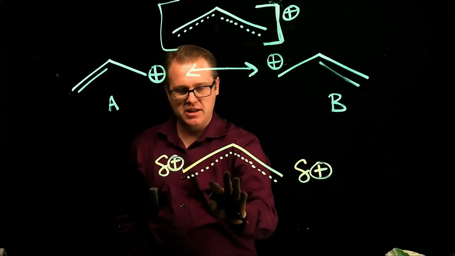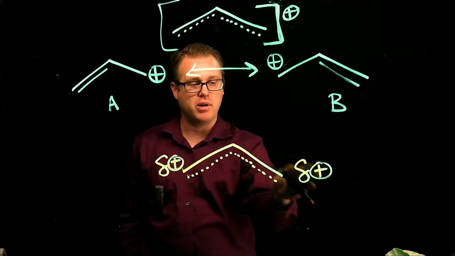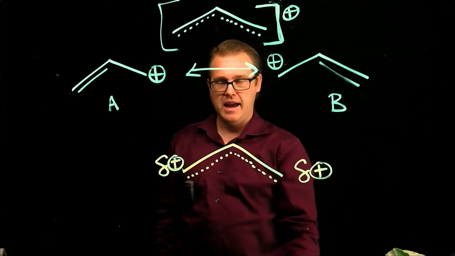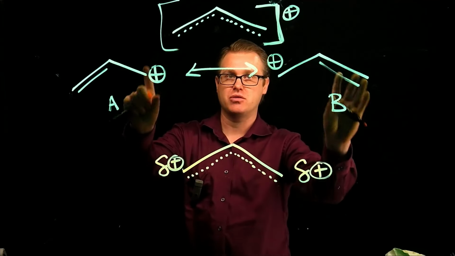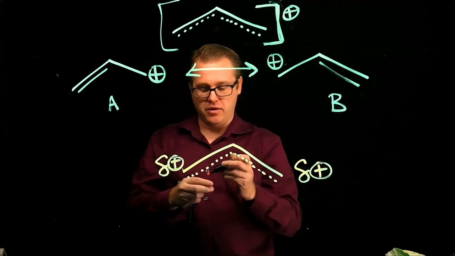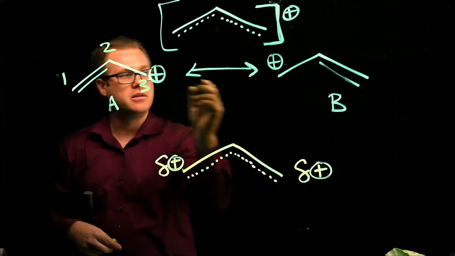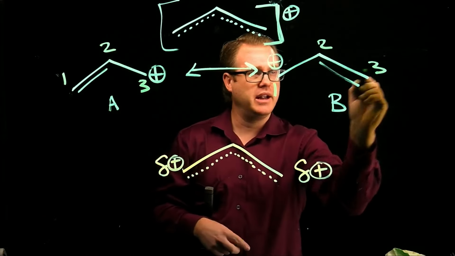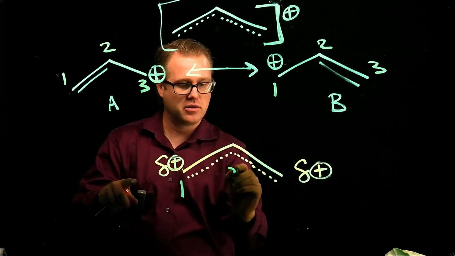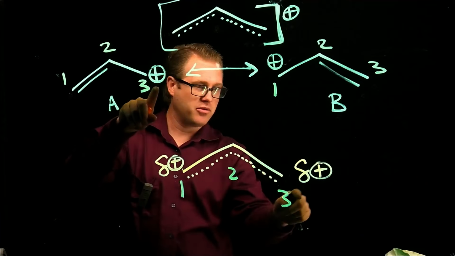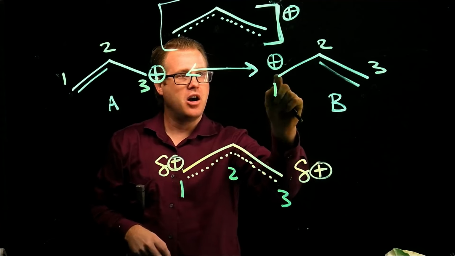This representation down here, also a resonance hybrid, is showing us where the partial positives are. And I know those partial positives because I'm looking at the resonance structures. So if you just numbered the carbons 1, 2, 3, you can see that we have a partial positive on carbon 3, boom, and we have a partial positive on carbon 1.